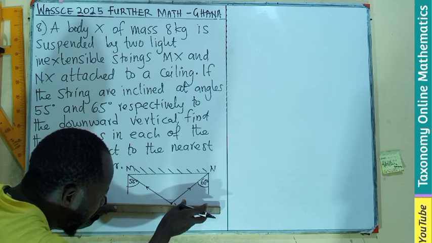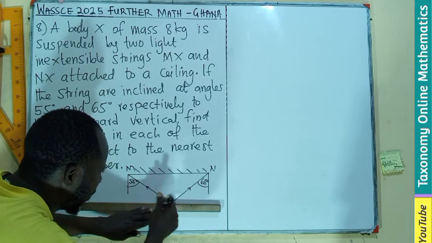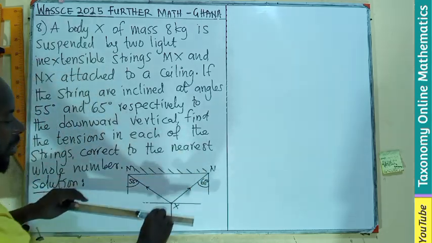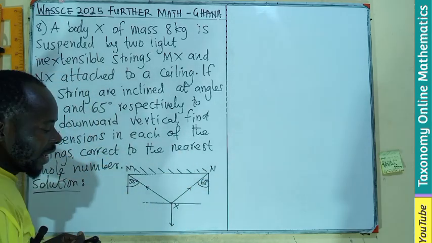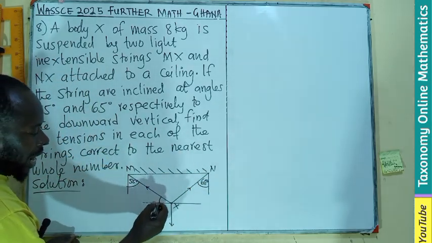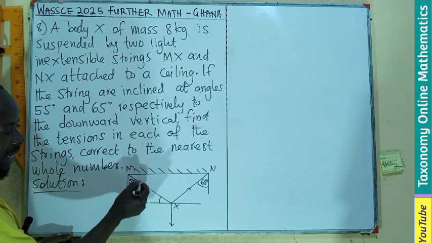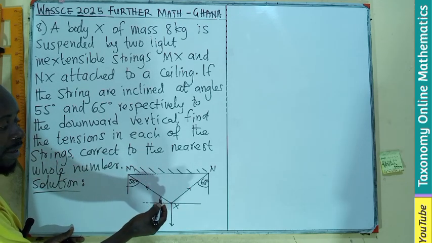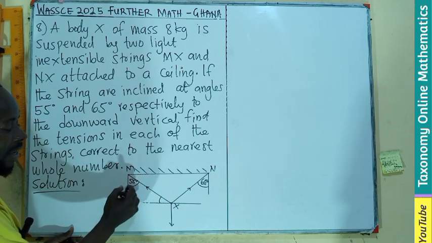Now if we draw a line parallel to the ceiling, it is going to produce two angles or a triangle here. This angle is equal to this by alternate angles, and this angle here is a right angle.